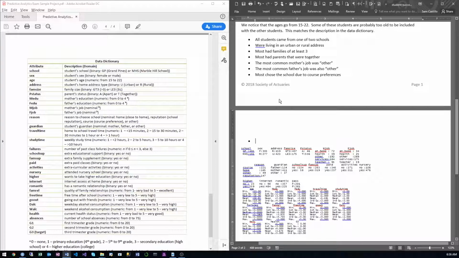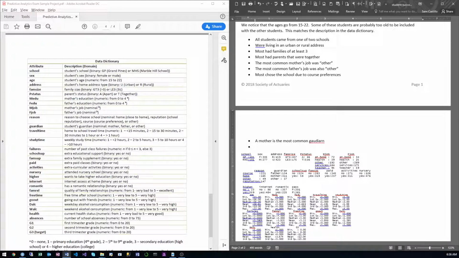Most have a mother as their guardian. School support. Most do not have school support, as only 58 students have support. And what is school support? It is extra educational support.